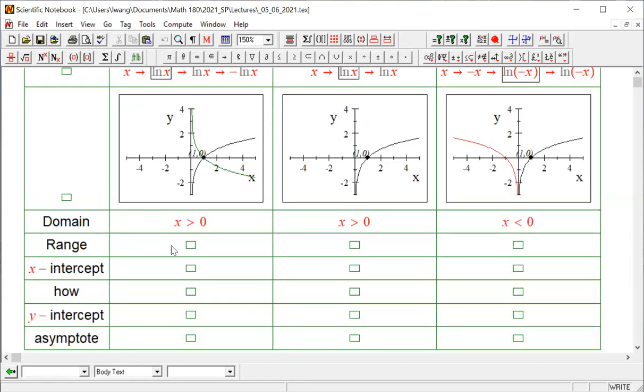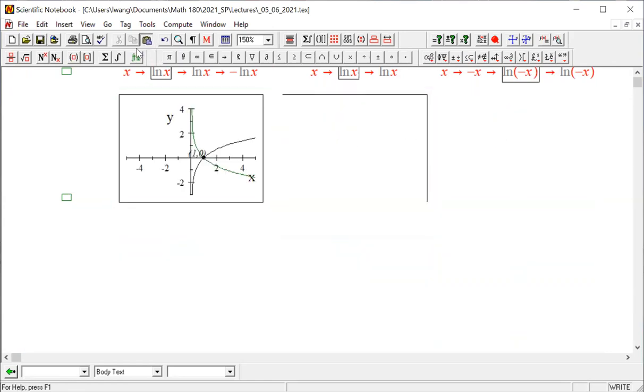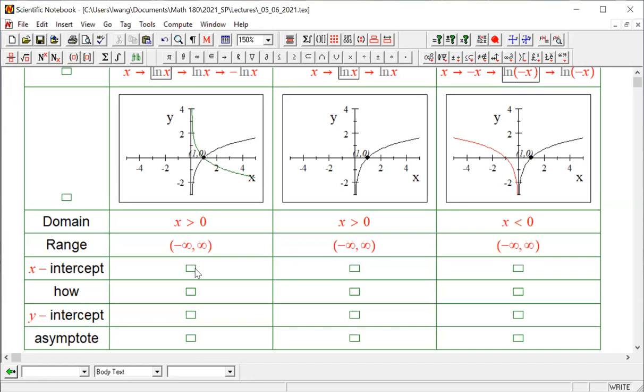And range: negative infinity to positive infinity. So the output can be any real number.